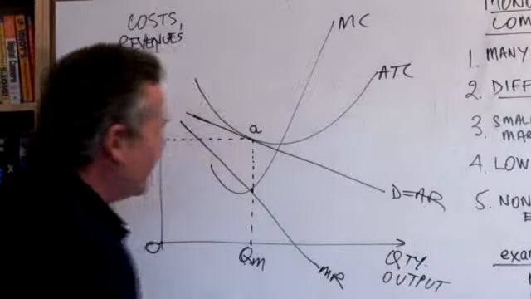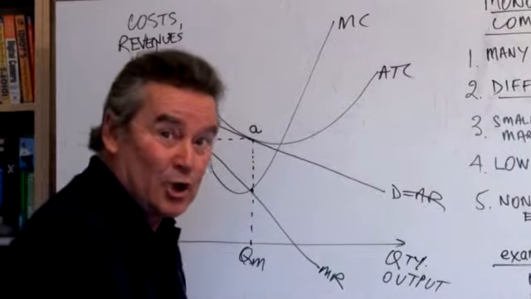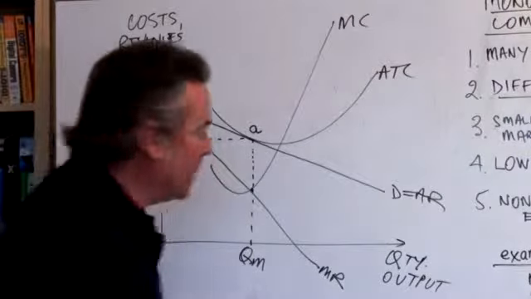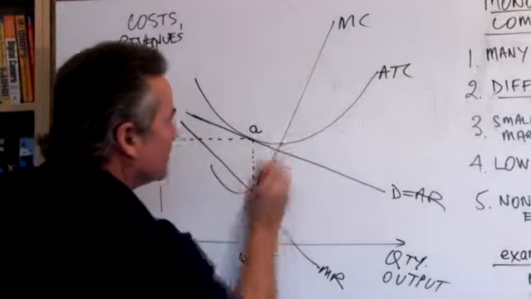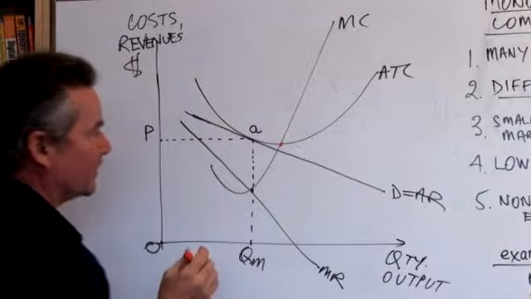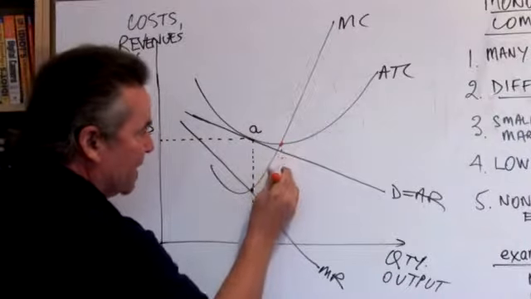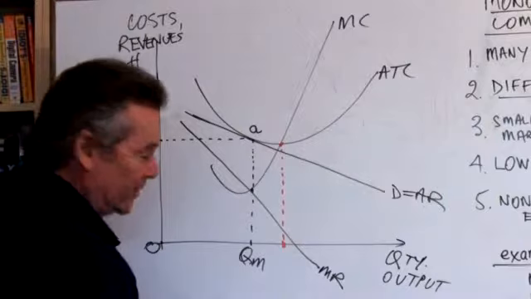Now, how are these firms performing with respect to our notions of productive and allocative efficiency? Let's check it out. We need to go back to that magic point again. There it is, minimum ATC. Now, if the firm was behaving, say, like a purely competitive firm, they'd be producing this quantity of output.